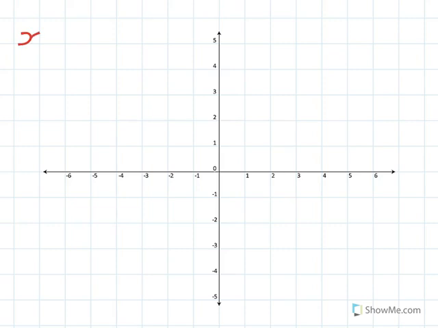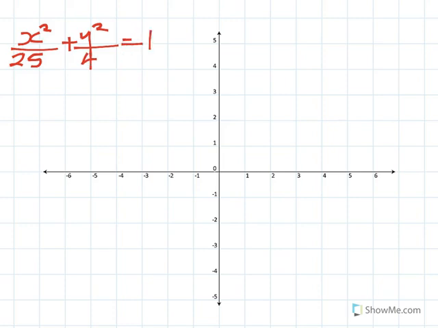It's x squared over 25 plus y squared over 4 is equal to 1.